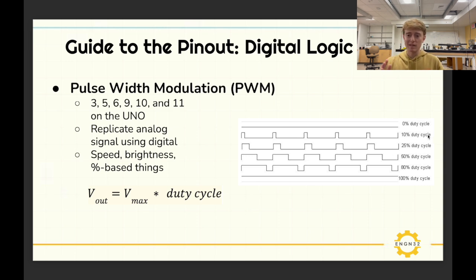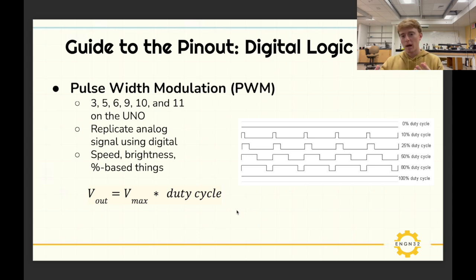Now, if I go down in the duty cycle, so now like 10% duty cycle, that means I'm on 10% of the time and I'm off 90% of the time, okay? On the flip side, if I go to something like an 80% duty cycle, now I'm on for 80% of the time and I'm off for 20% of the time, okay?